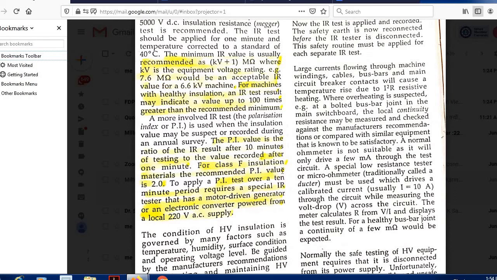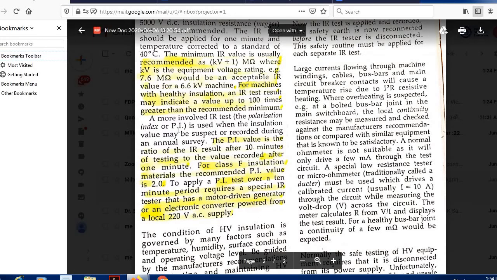Now in a high voltage system, there is another type of insulation test that is carried out, especially when you have done a major overhaul on the electrical circuit or after a certain duration. We have to go for a polarization index test. It is called the PI test.